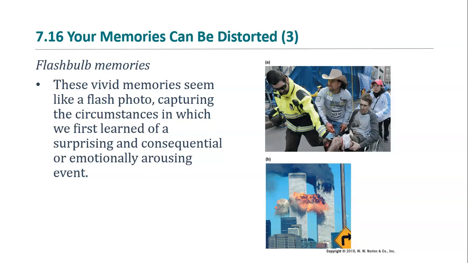And in the control group, the accuracy was about the same. So while we're very sure about those memories and we have strong reactions to them, they are no more accurate than any other memories, even though people tend to be much more confident about their flashbulb memories than they are about other kinds of memories.